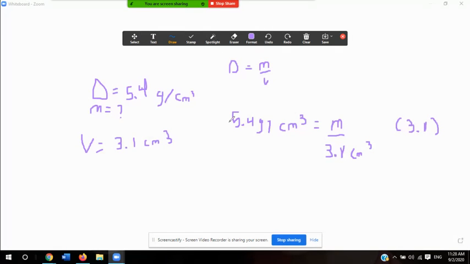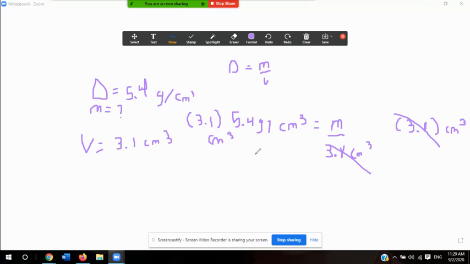Let me include the units, and you'll see in a minute why it's important that we include them. Just like in algebra, this 3.1 cancels out with this 3.1.